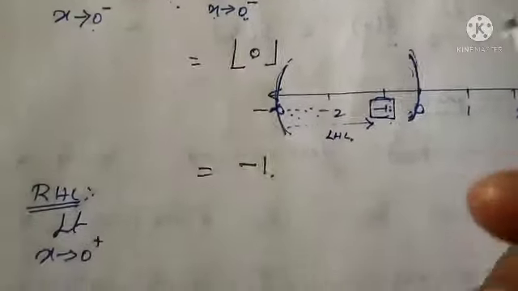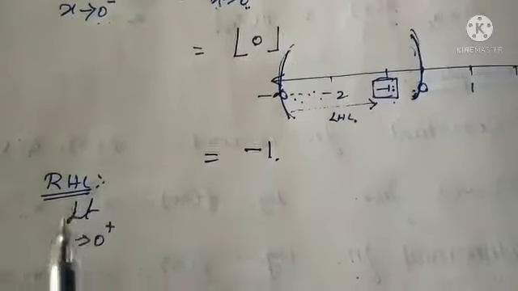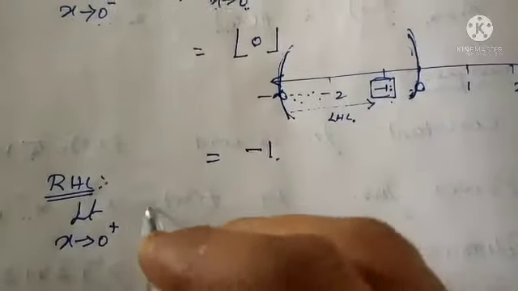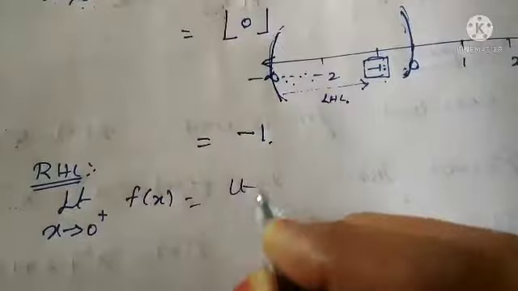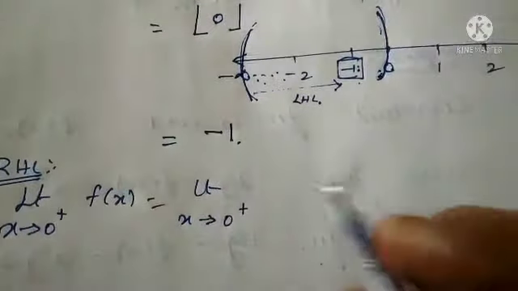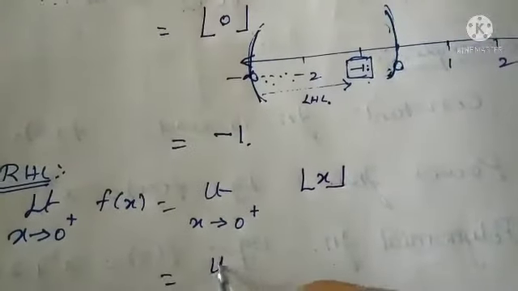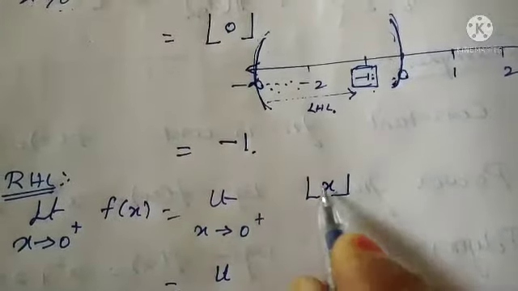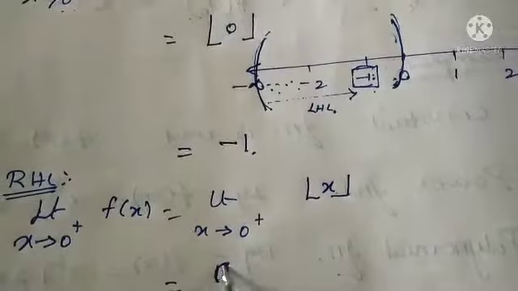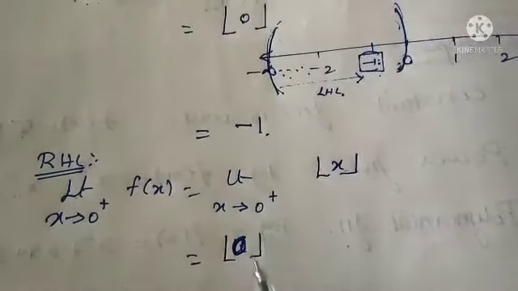Now let us see the right hand limit: limit x tends to 0 power plus f of x. What is f of x? Floor of x. When we substitute 0 in the place of x, we will get floor of 0.